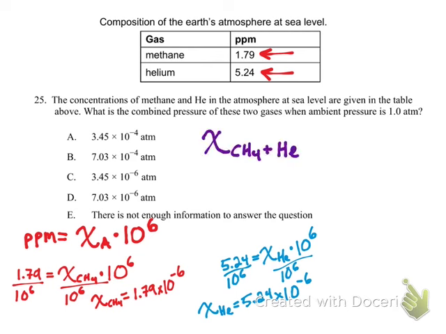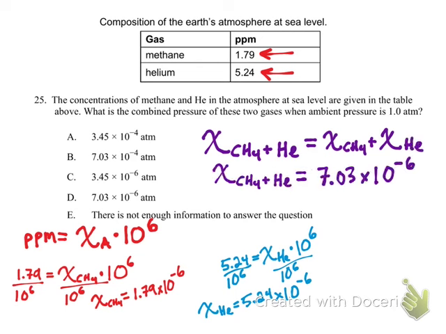So the combined mole fraction of these two gases is going to be equal to the sum of the mole fraction of methane and the mole fraction of helium, which ends up giving us 7.03 times 10 to the negative 6. So that's the combined mole fraction of these two.